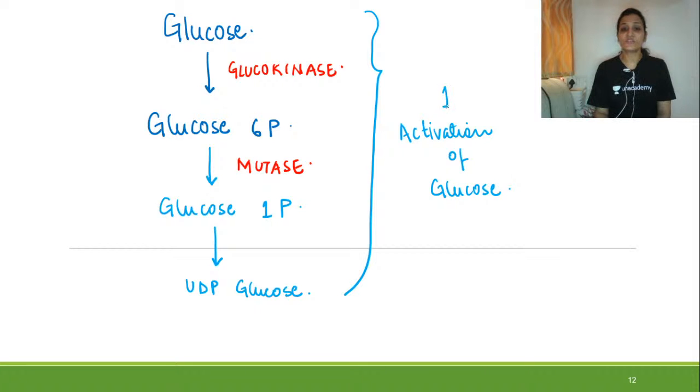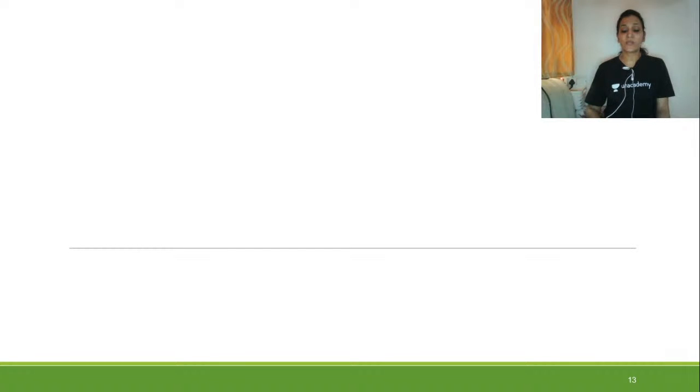And this activation of glucose is the very first stage of glycogen synthesis, right? When UDP glucose is formed, the second step will come. We'll be taking another slide for further reaction, starting from UDP glucose. So now this is the second stage of glycogen synthesis.